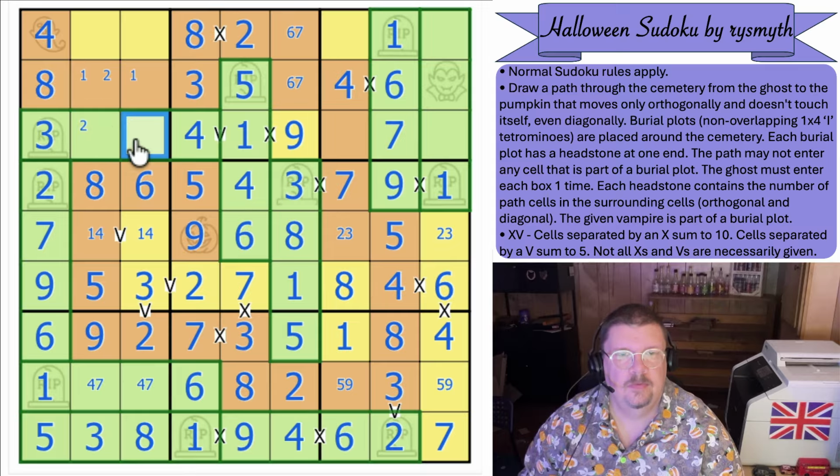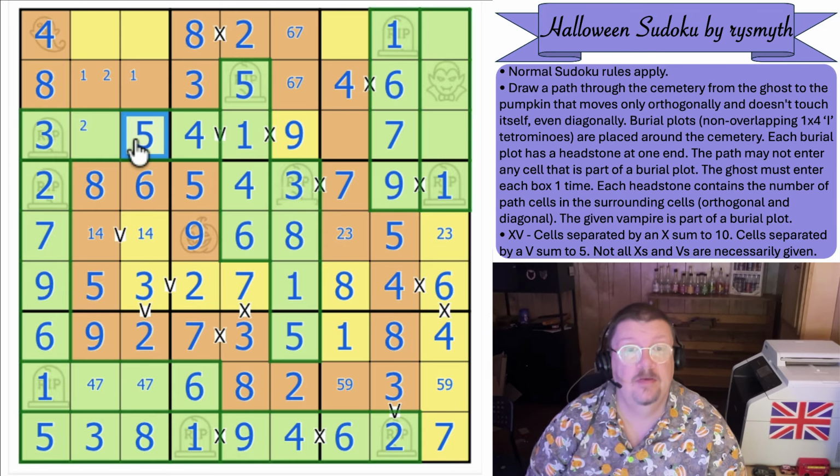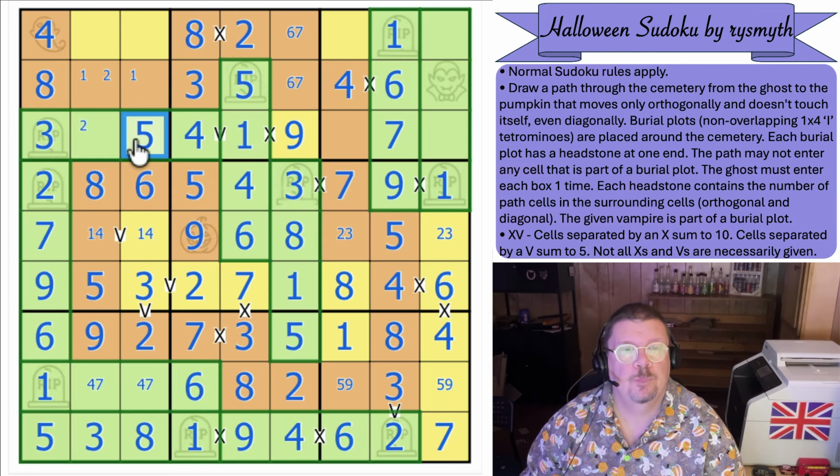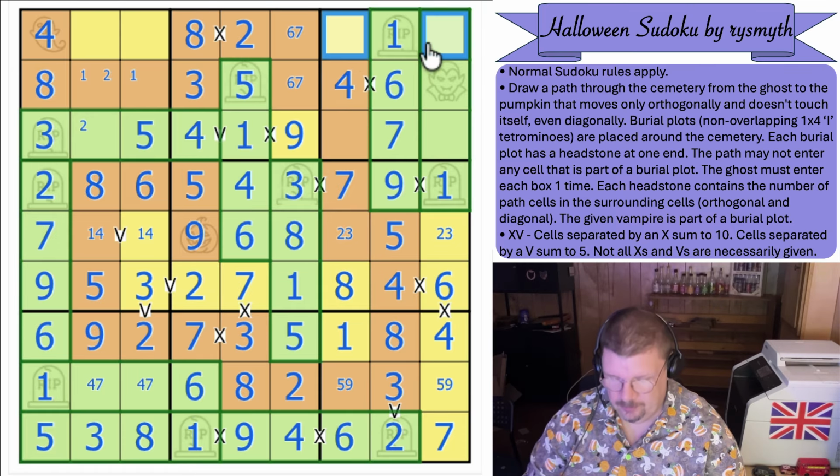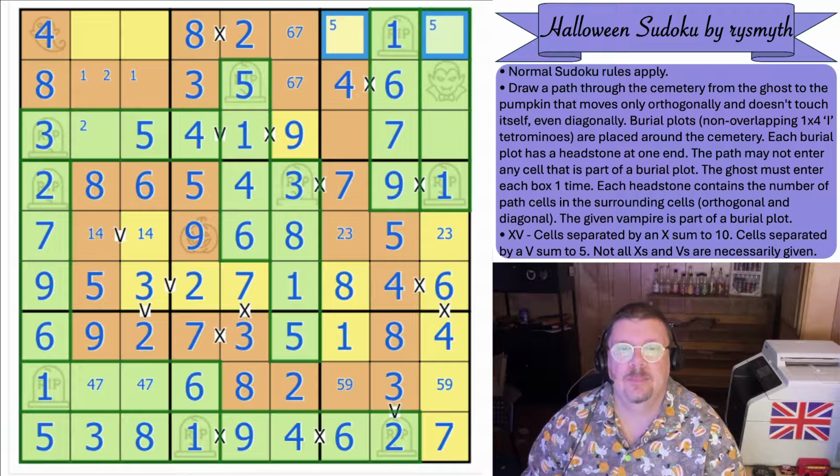That sees 1, 2, 3, 4. Doesn't see 5. Sees 6, 7, 8, and 9. So that's a 5. That means that one of those two is a 5. Those two is a 5 there.